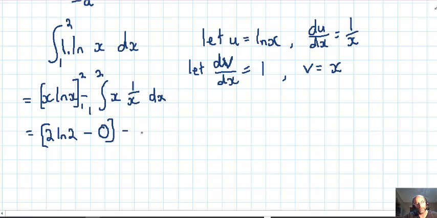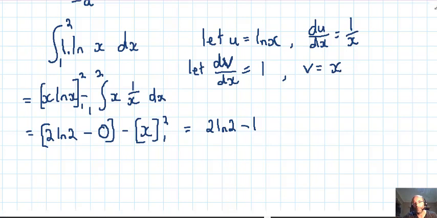So it's the integral of 1, which is x, so that'll be x between 2 and 1. So that's just 2 log 2, take 2 take 1, which is 1. So it's 2 log 2 take 1.